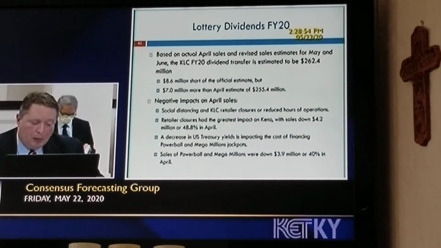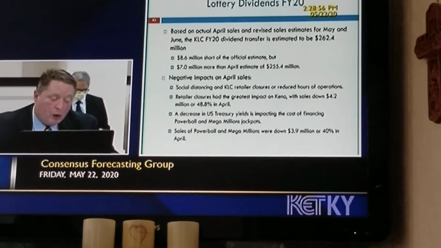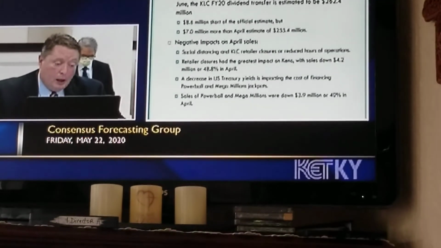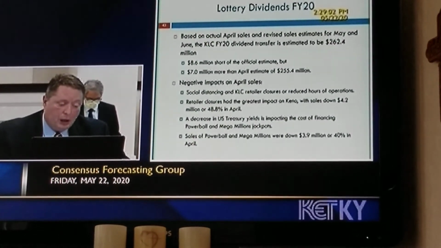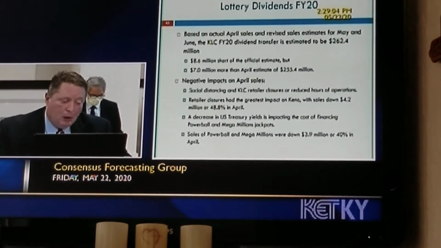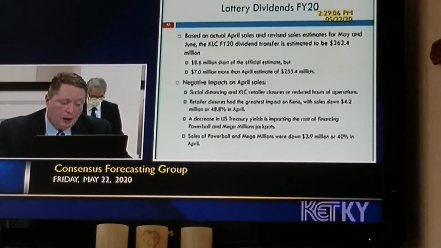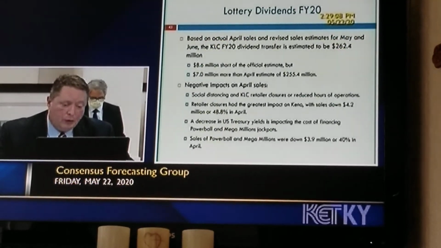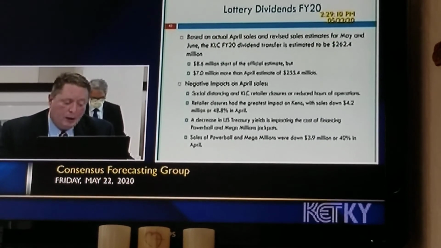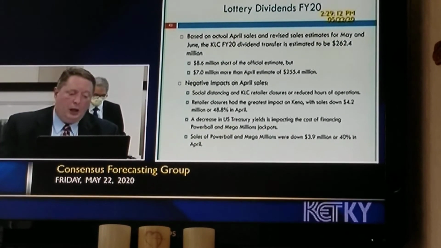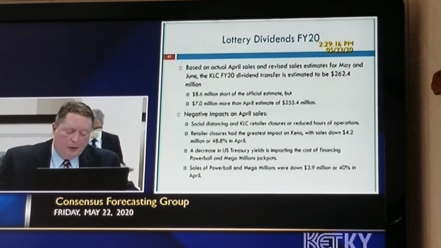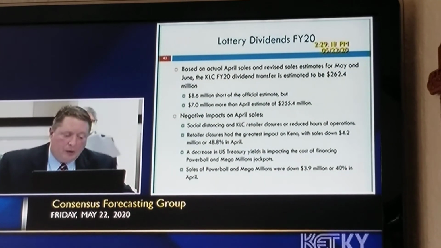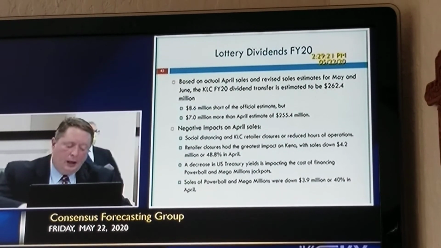The Powerball and the Mega Millions were down 3.9 million, or 40%, in the month of April. And we expect weakness in the rest of the year for Powerball and Mega Millions unless we get an unforetold run in the jackpot. So really, the slowdown in retail activity has really hurt the lottery.